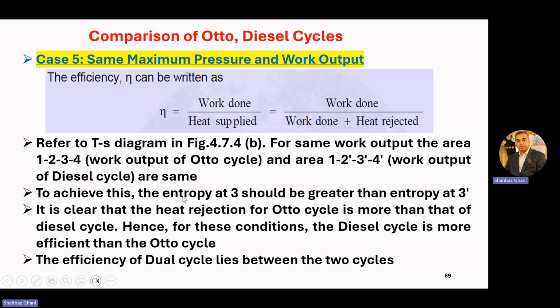To achieve this, the entropy at point 3 should be greater than the entropy at point 3 bar. It is clear that the heat rejection from the Otto cycle is more than that of the diesel cycle. Hence, for this condition, the diesel cycle is more efficient than the Otto cycle, and the efficiency of the dual cycle lies in between these two cycles.